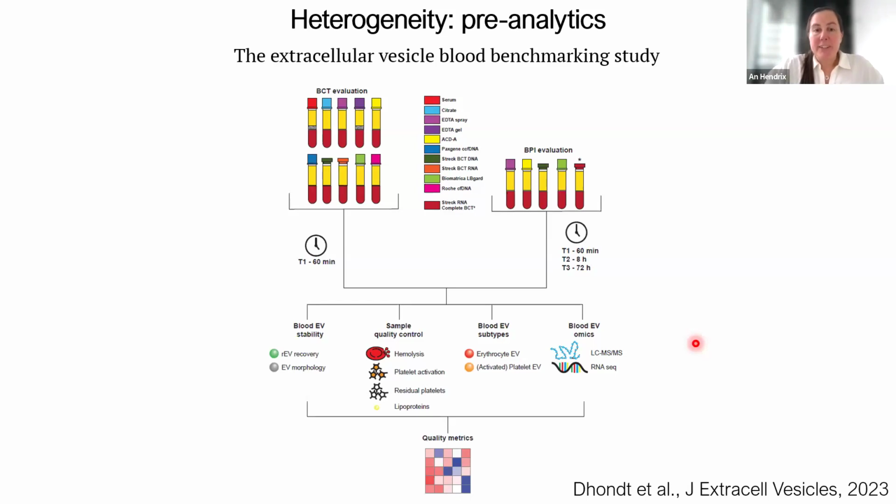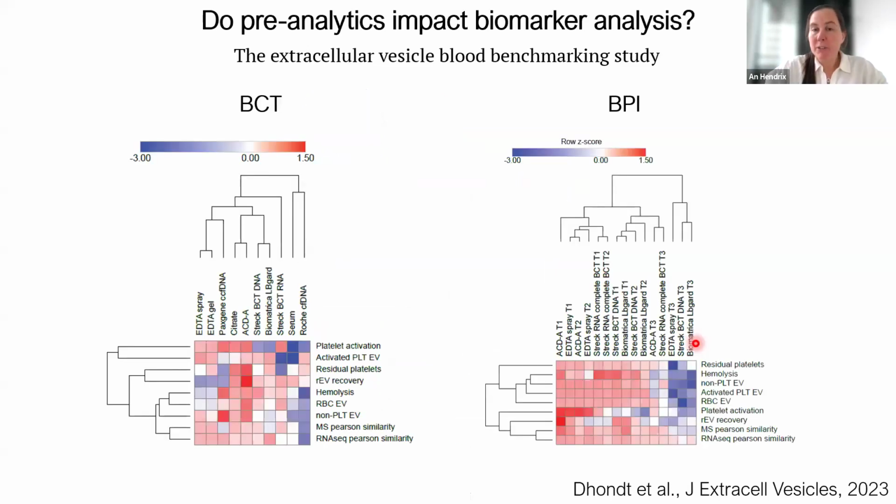So in this particular case, we were interested in analyzing extracellular vesicles from blood plasma samples, and instead of only wondering which preparation method we should use, we were also wondering which blood collection tube we should use, and thus whether the choice of blood collection tube or the processing time of the blood sample, for example, impacts the downstream analysis of extracellular vesicles. And I will not go into too much detail here, but the answer to this question is yes.